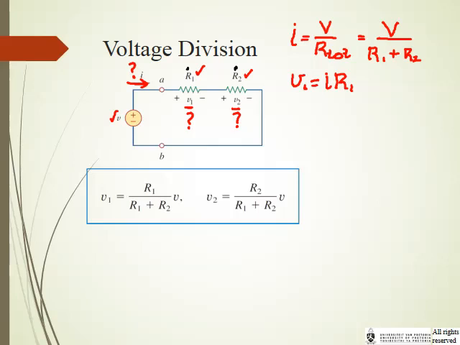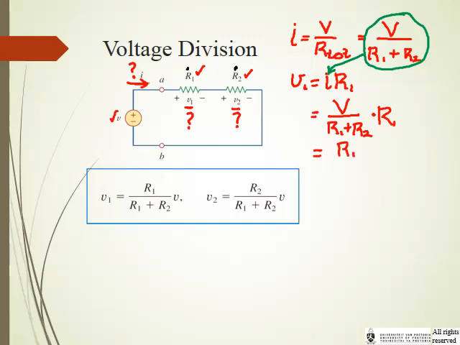This whole term, which represents the current, we're going to plug into the place of I. Then we get V over R1 plus R2, times R1. Then we simply reshuffle the equation a little bit and write R1 over R1 plus R2 times the voltage.